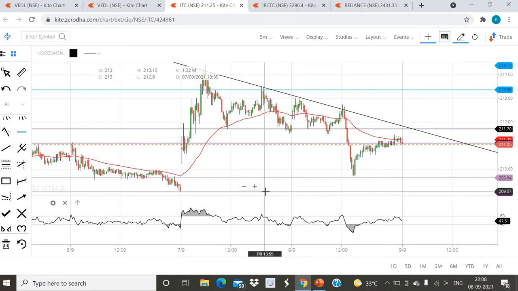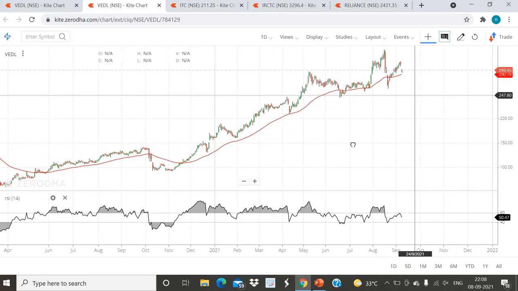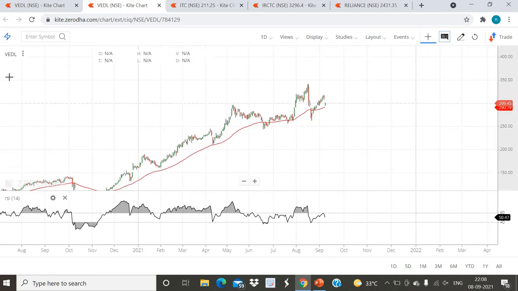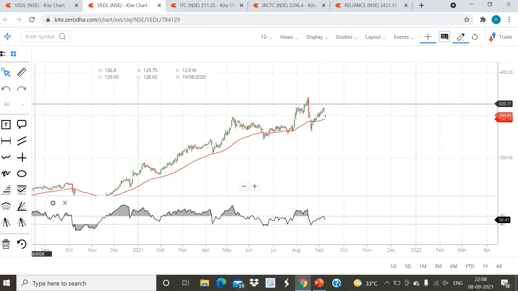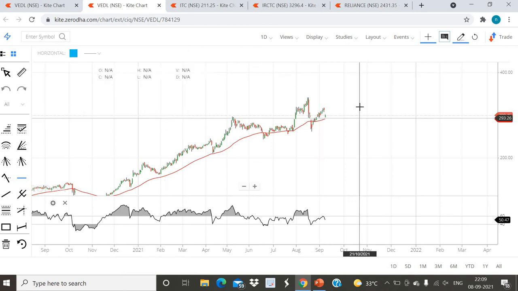The next stock which I was planning was Vedanta Limited. Now let's draw some lines on Vedanta Limited too. Purple, sorry, blue color.